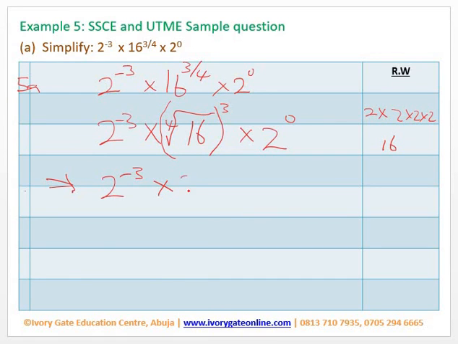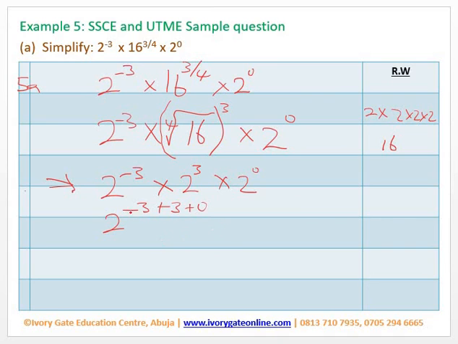So the answer here is 2 raised to power what? 3 times 2 raised to power what? 0. Remember, any number raised to power 0 is 1. Here, we'd say 2 raised to power minus 3, because they have a common base, plus 3 plus 0.